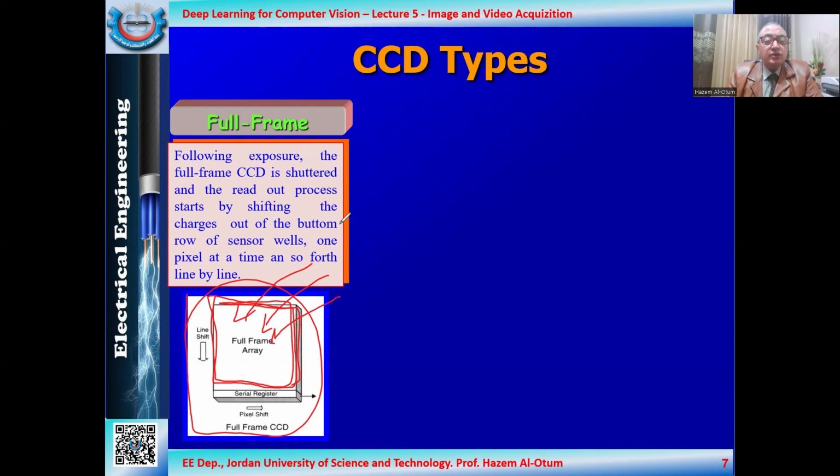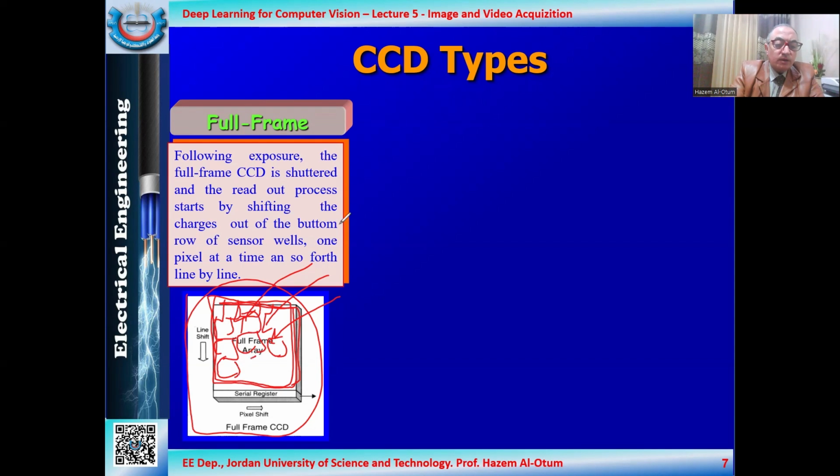it will be charged by the photons, and the light will be converted into electrons. These electrons will be collected in potential wells at every pixel location. As you see here, we have a matrix of pixels.